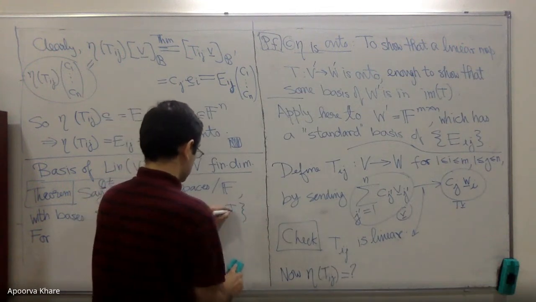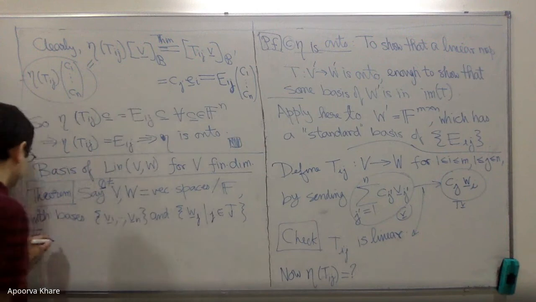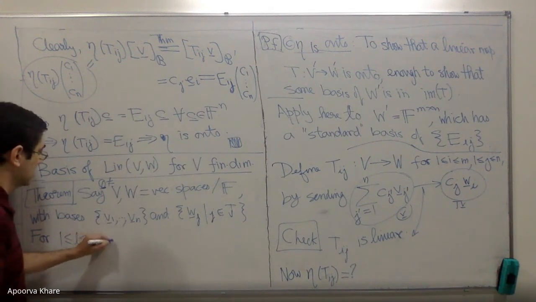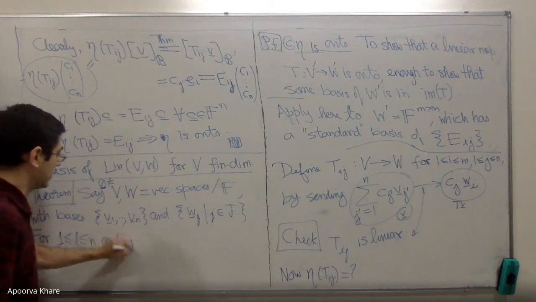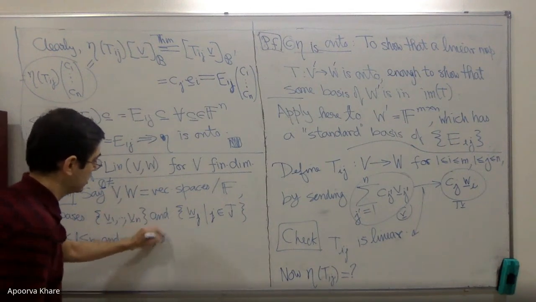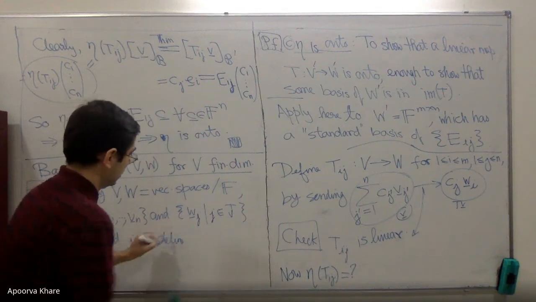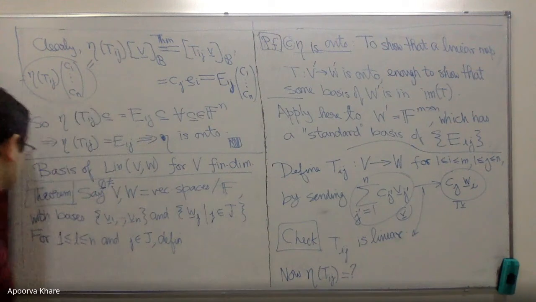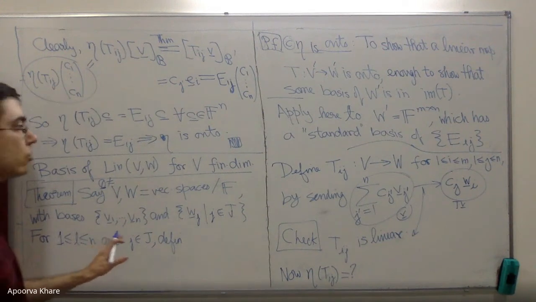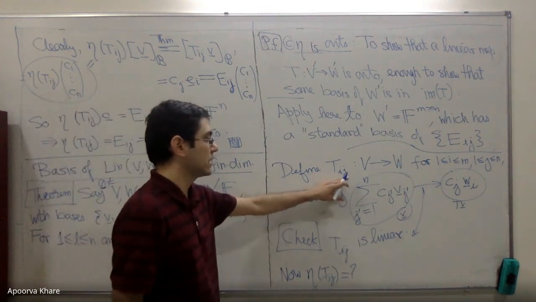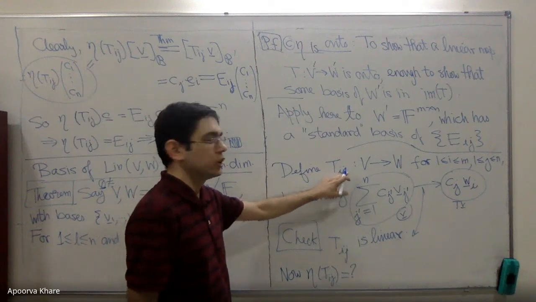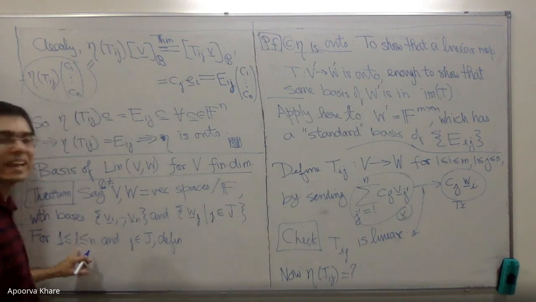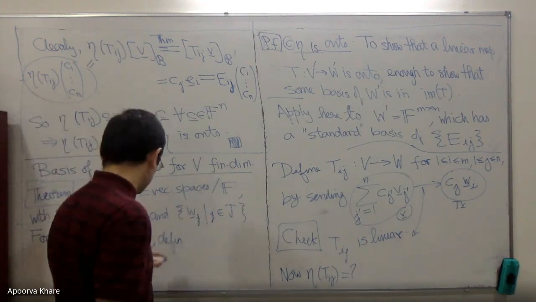Wj. Okay, now define for 1 less than or equal to L less than or equal to n and j in J. I don't want to keep I and J on the same footing, because you might think they're both finite or they're both infinite. Here J can be infinite, so I'm just going to use L instead of I. It looks like I, but it's not.